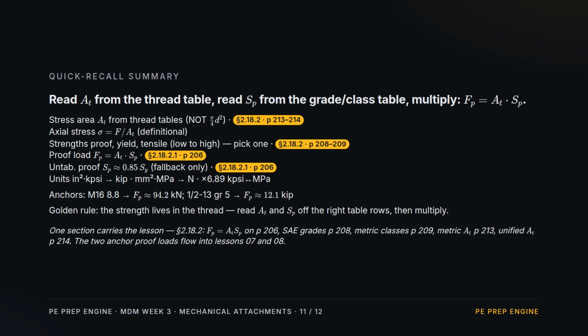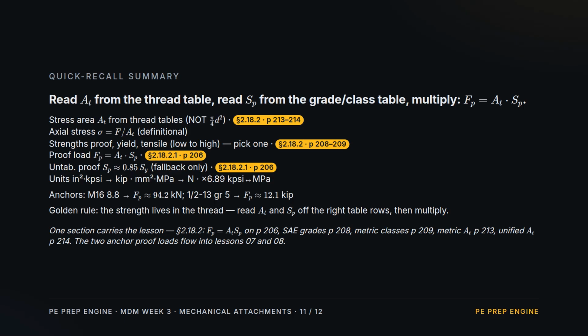Quick recall. Read the tensile stress area from the thread table, never pi over 4d squared. The axial stress is the load over that area. Strengths rank proof below yield, below tensile. Pick the column the problem asks for. The proof load is area times proof strength. If a material has no tabulated proof, fall back to 85% of yield.